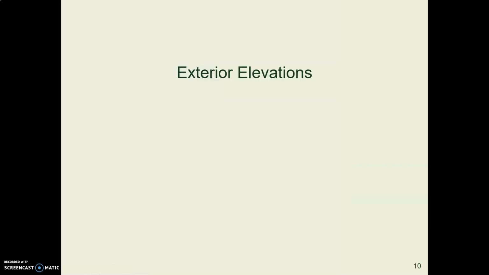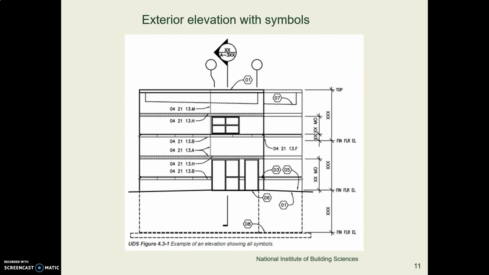For exterior elevations, the outside of the building, here's an example from the CAD standard. And here you can see they are representing the elevation without that circle symbol. You can also see that it's perfectly fine to cut a section through an elevation. Now this thing that we're looking at here could even be a section elevation.